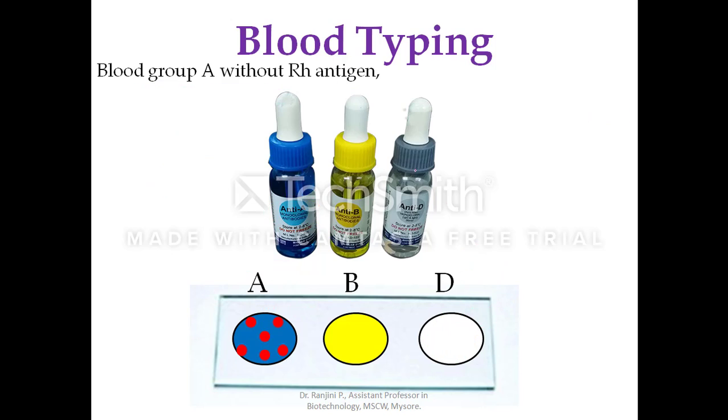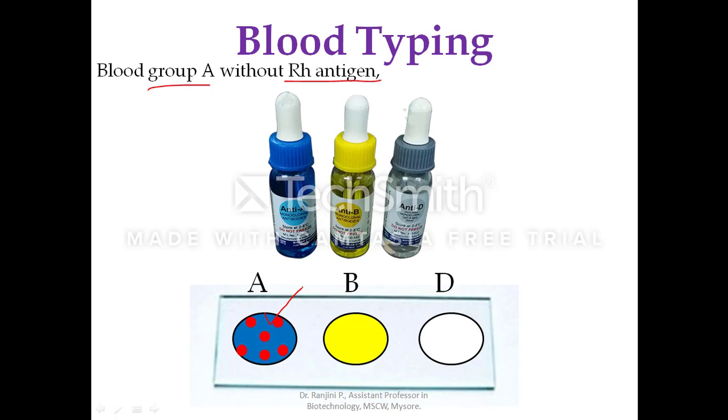If the person has blood group A but without Rh antigen, he doesn't carry the rhesus monkey antigen on the surface of the blood cells. Then how does the clumping of the blood take place in blood typing?